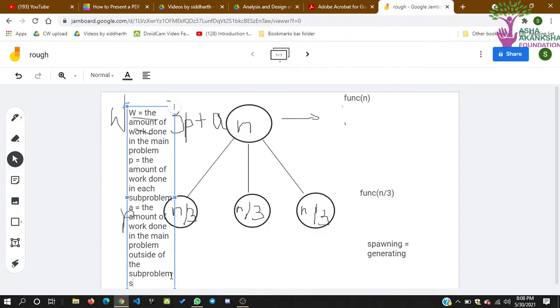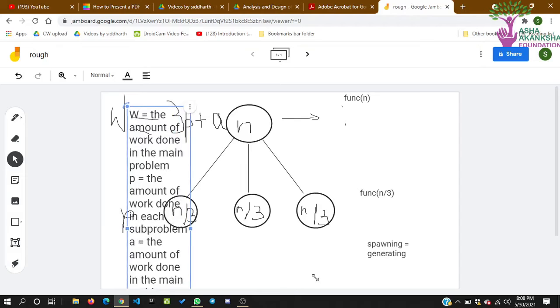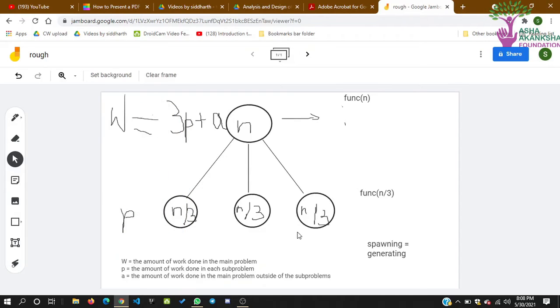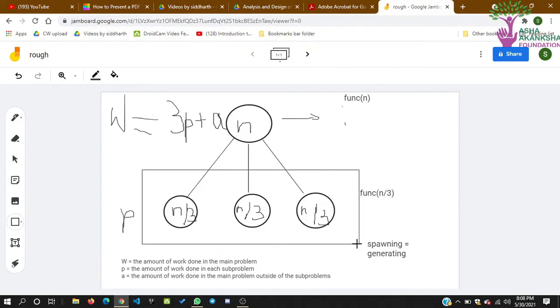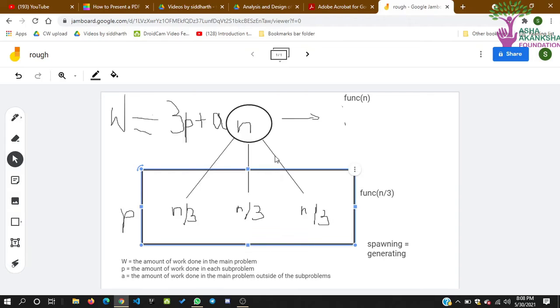Intuitively, you can think of it as the amount of work being done in this main problem. Suppose you don't know anything in this box. You were just given this main problem, and you want to tell how much work is being done in it.